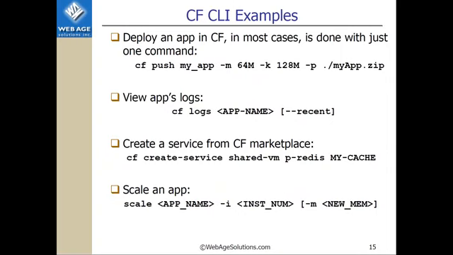CF is the tool name, and we've got, I guess, 4 various options of using it. The very first bullet: we have an application which is packaged in a zip file, and that application sits locally on the machine from where you would like to upload.